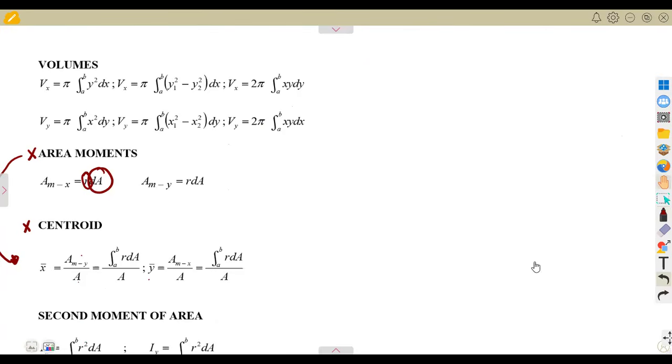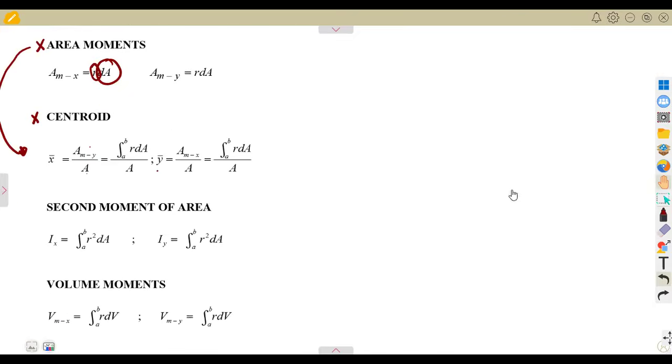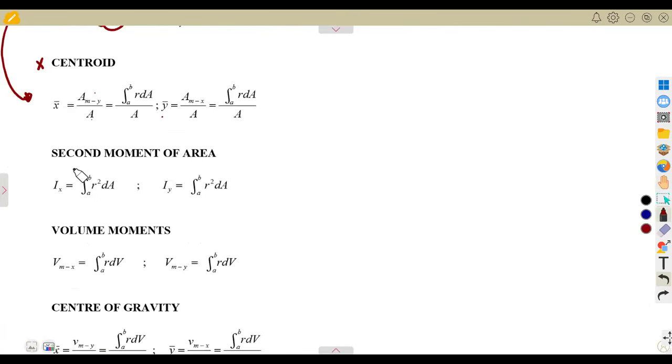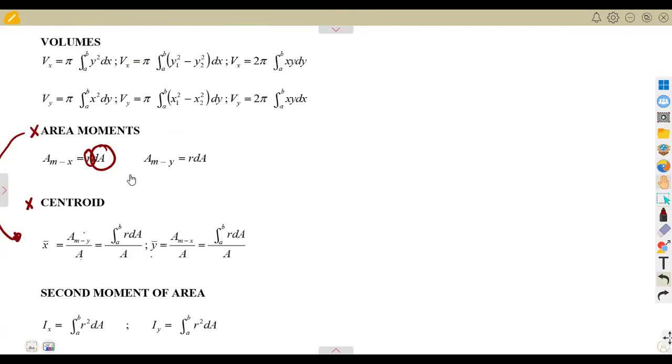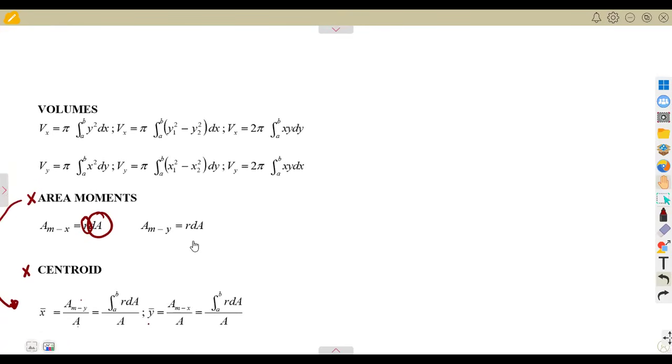For all the second moment of area and the volume moment, this r is just a representative strip. But on the area moment and the centroid, it's not like that. It's true that it represents a strip, but you consider the strip according to the function that you're given, the type of function that you have.